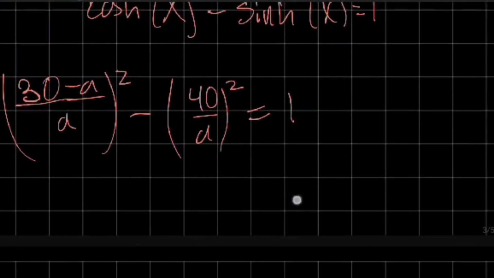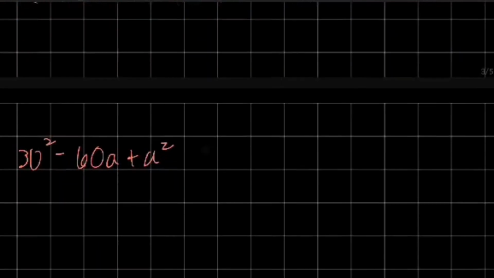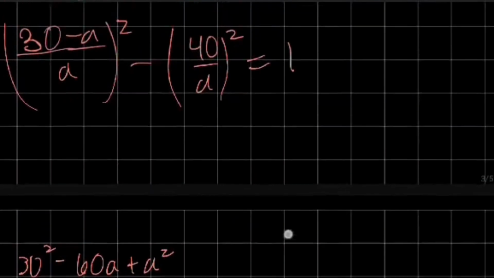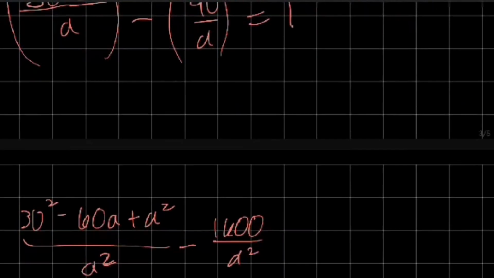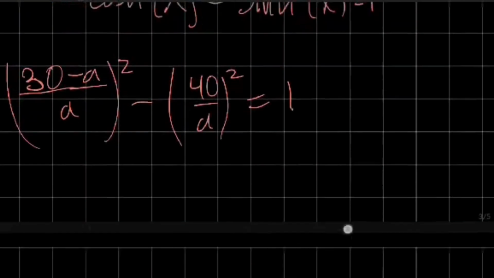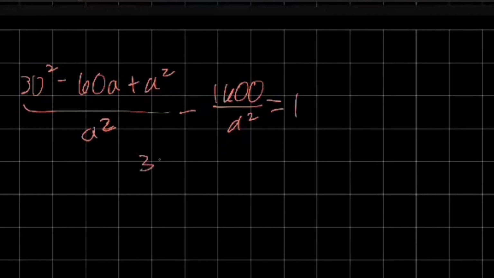So if we expand that out, we're going to get 30 squared minus 60a plus a squared over a squared, minus 1600 over a squared, and that's going to give you 1.